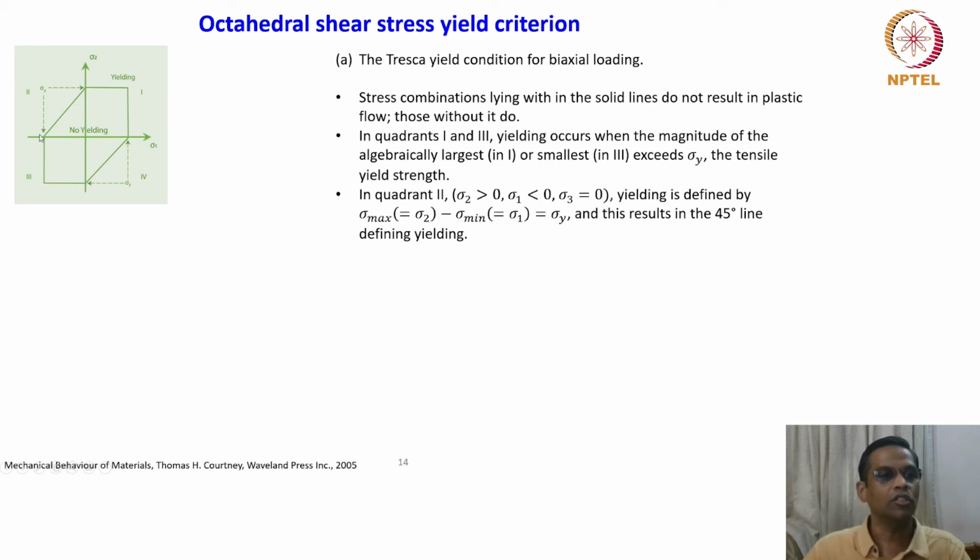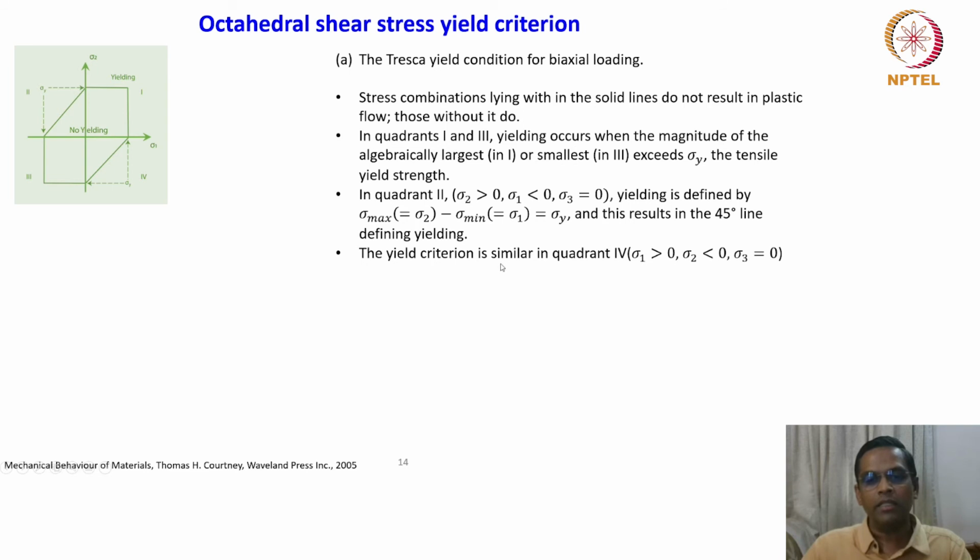So this is what is shown here, the 45-degree line. The yield criterion is similar in quadrant 4, except that it is just reversed. So sigma 1 is greater than 0 and sigma 2 is less than 0 and sigma 3 is 0. So that is what is shown here.